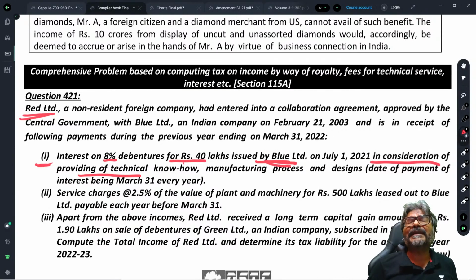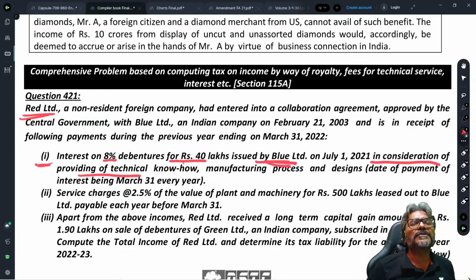So can we say that the non-resident has utilized the foreign currency to invest in the debentures in India? Did the non-resident utilize the foreign currency to do the investment in the debentures? The answer is no. The debenture was not subscribed by utilizing the foreign currency.